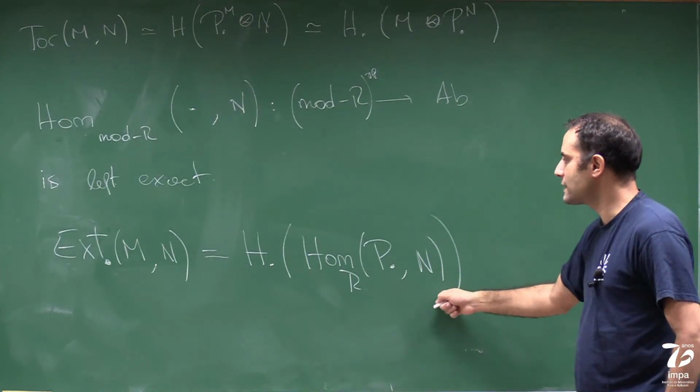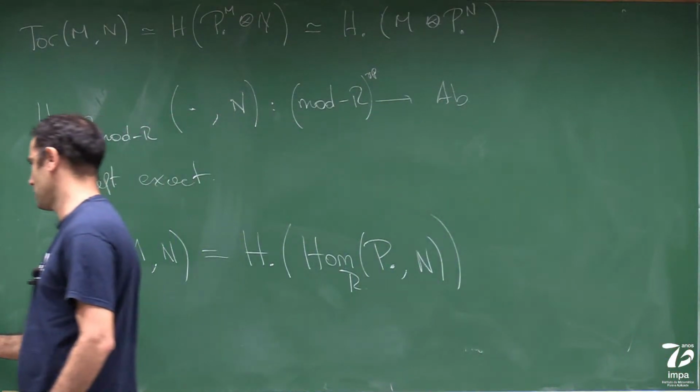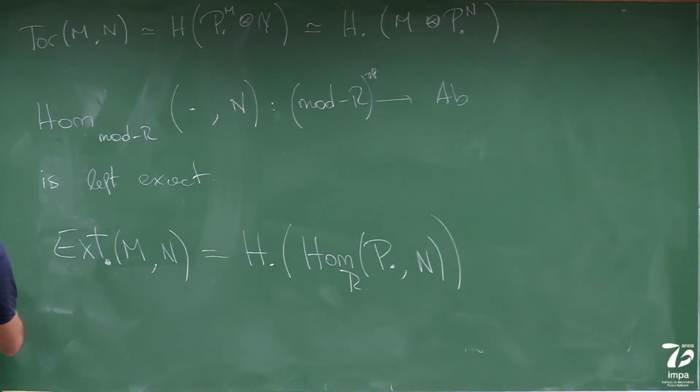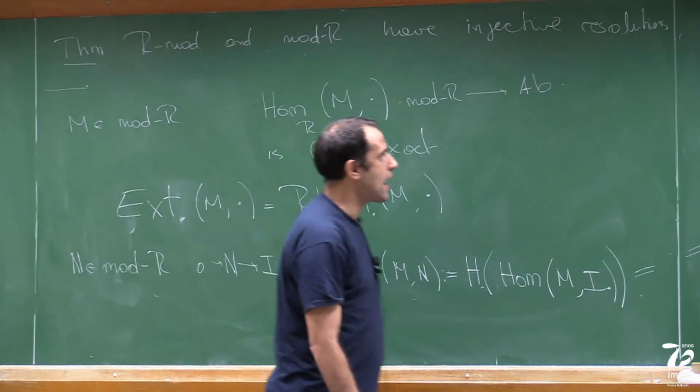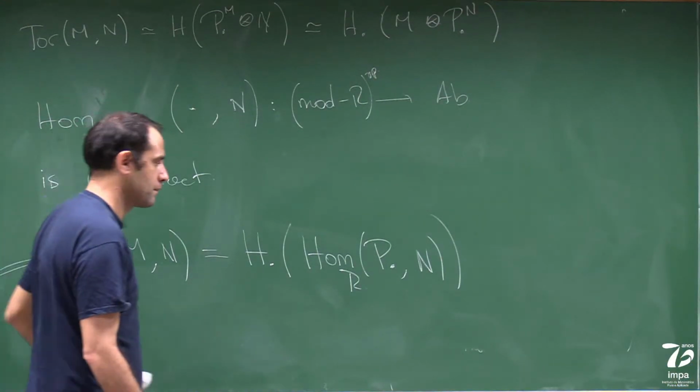And the statement is that this is equal to this. This Ext is equal to that Ext. So the proof of this is absolutely the same. So we only need to check that the same theorem applies. Okay? So how did we prove this for Tor?